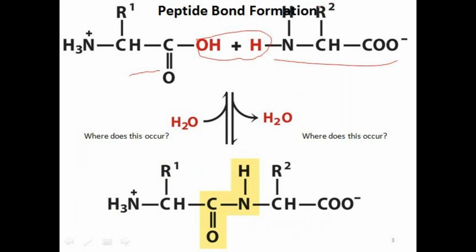When two amino acid molecules are linked through a peptide bond, the resulting product is called a dipeptide.